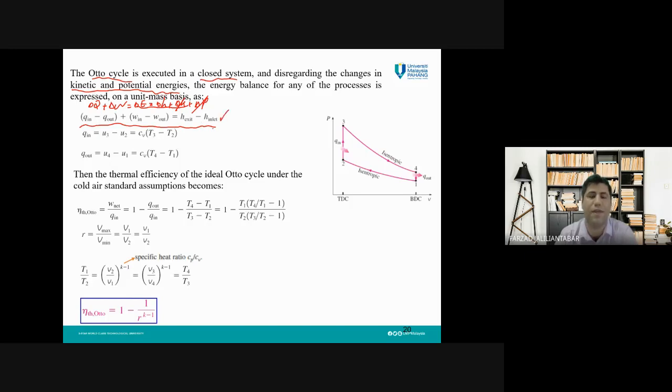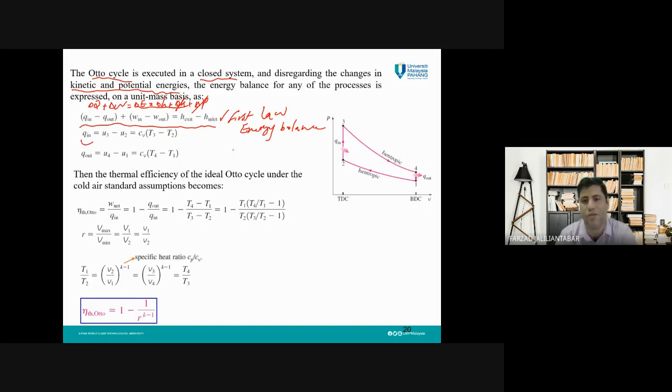This comes from the first law of thermodynamics, or this is the energy balance, any name which you are familiar with, we can call that. So this is the energy balance equation for our Otto cycle, which is developed based on the first law of thermodynamics.